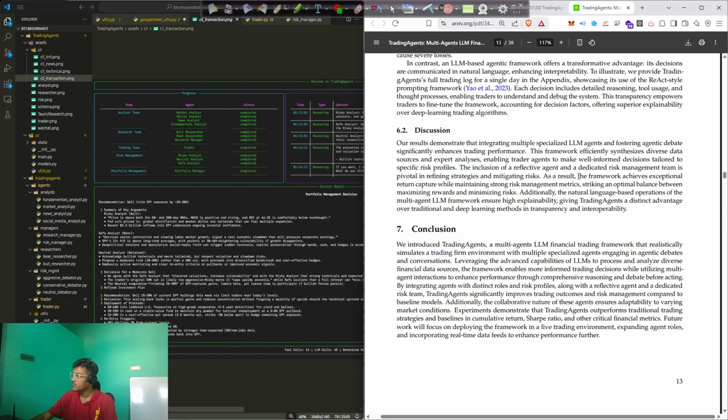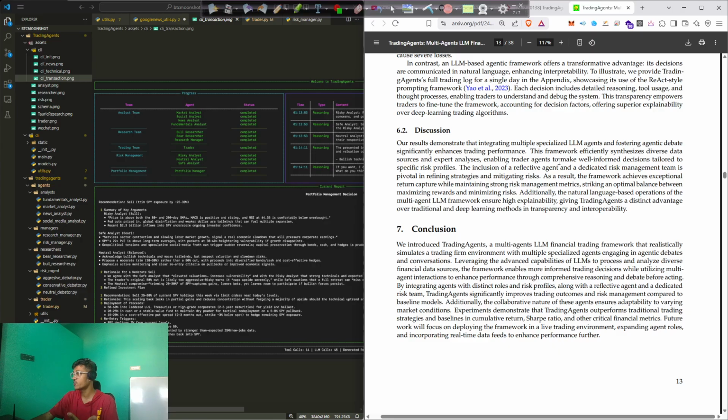As a result, the framework achieves exceptional return capture while maintaining strong risk management metrics, striking an optimal balance between maximum rewards and minimizing risks. Additionally, the natural language-based operations of the multi-agent LLM framework ensure high explainability, giving trading agents a distinct advantage over traditional and deep learning methods in transparency and interpretability.